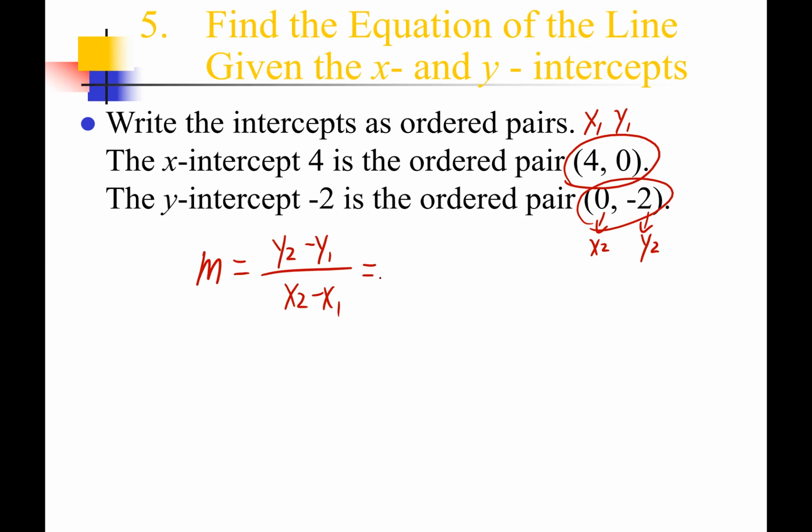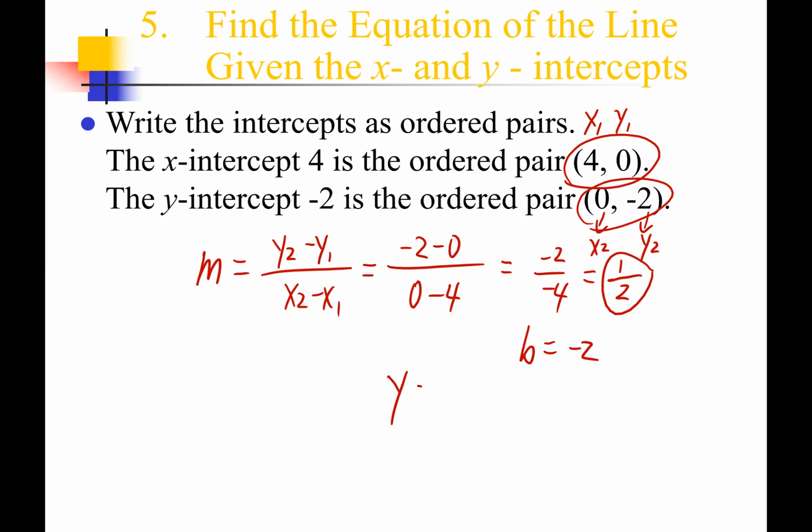Then we have this negative 2 minus 0 on top. And the denominator is 0 minus 4. So we have negative 2 over negative 4. So simplify, you get positive half. Okay. So slope is half. And here we know the y-intercept b is negative 2, right? And just use slope-intercept form, mx plus b.